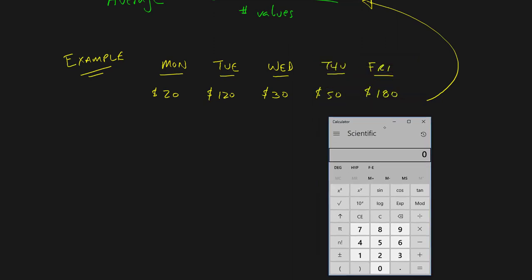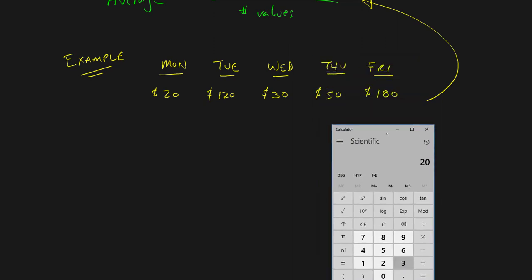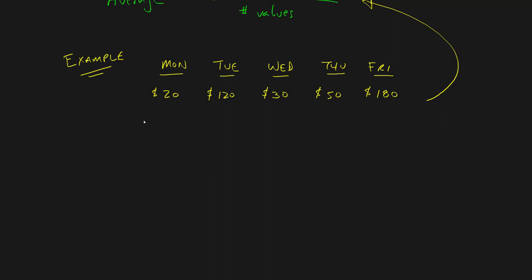Okay, so I've got 20 plus 120 plus 30 plus 50 plus 180, and that gives me 400. Okay, so my average, which is also called the mean, is equal to 400 over 5 values that went into making up that 400.